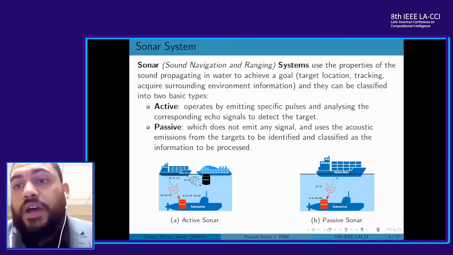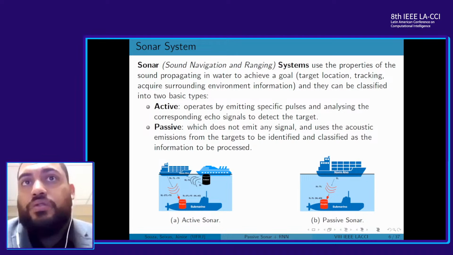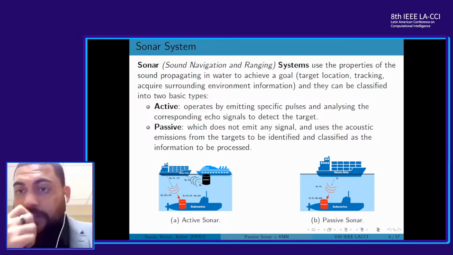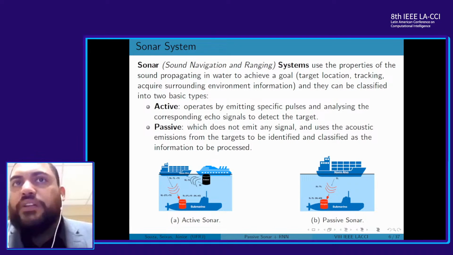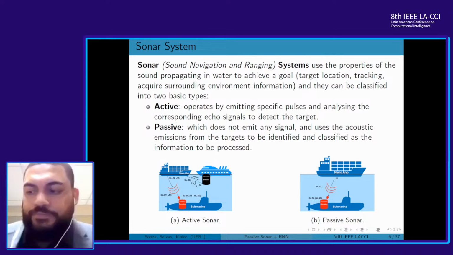But we also have the passive sonar system, which only listens to the signals in the sea and processes them to understand, first of all, how to track the target. After that, classify this target, and after that, make a decision.